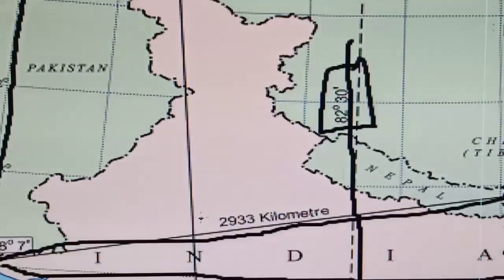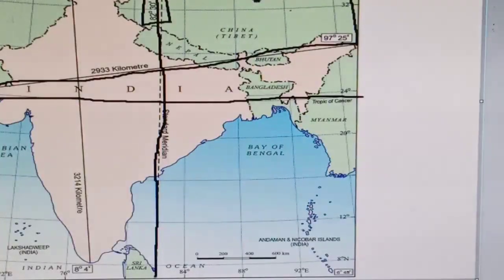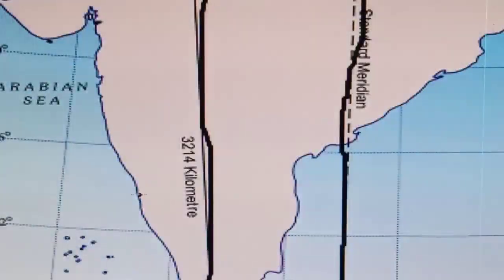This was from east to west, and from north to south it is 3214. It is given as 3214, but you will write 3211 kilometers. What will you write? 3211 kilometers, right? I hope it is clear to you all.